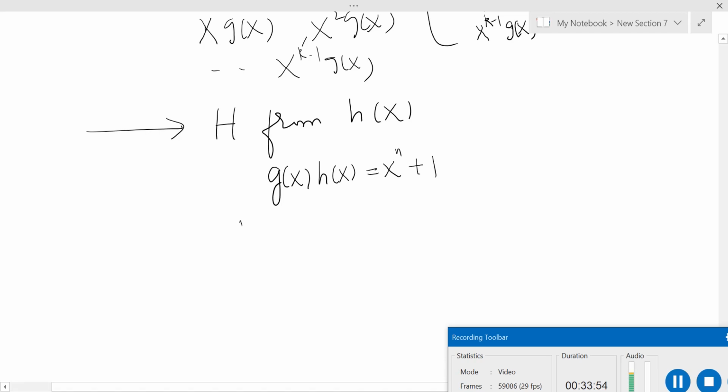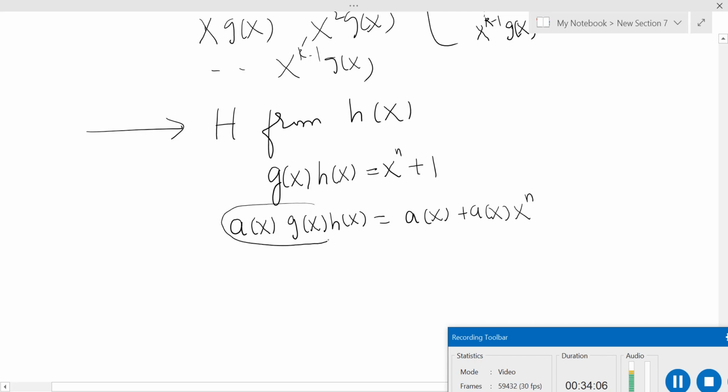Now if I multiply a of x on both sides, I will get a of x plus a of x times x to the power n. Now a of x g of x was defined to be the code word c of x. So c of x h of x is equal to a of x plus a of x x to the power n.